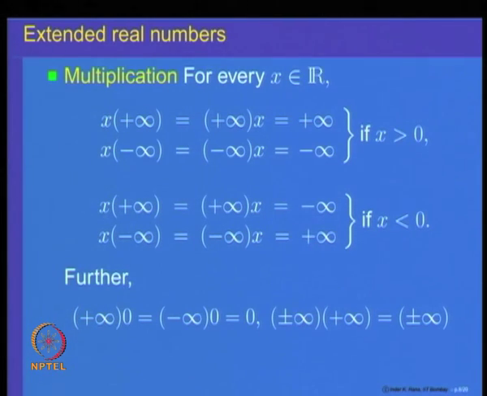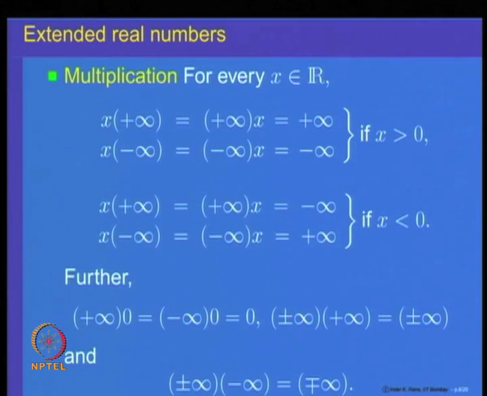And of course, if I am multiplying plus infinity with itself, the answer is plus infinity, and if minus infinity is multiplied with plus infinity, the answer is minus infinity. So, plus or minus infinity multiplied by plus infinity is plus or minus infinity, and similarly plus or minus infinity multiplied by minus infinity is minus or plus infinity, the sign of the outcome changes.